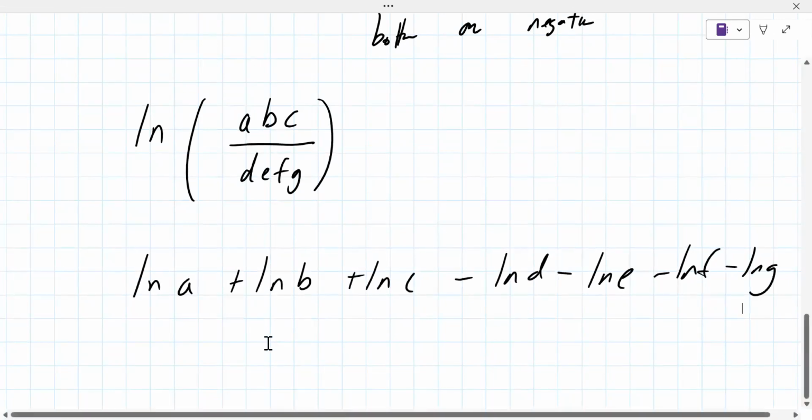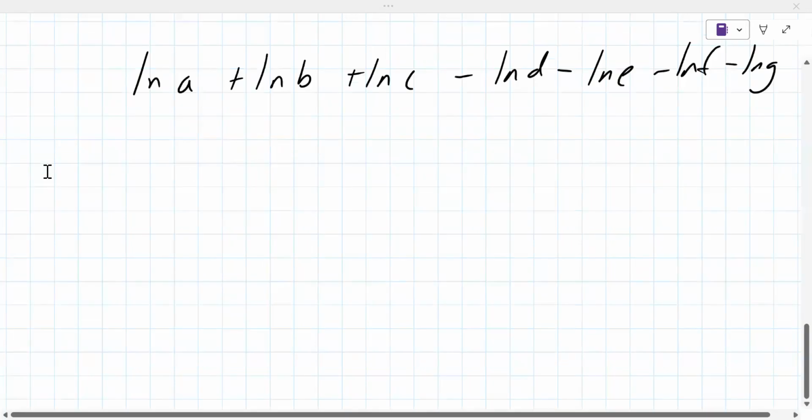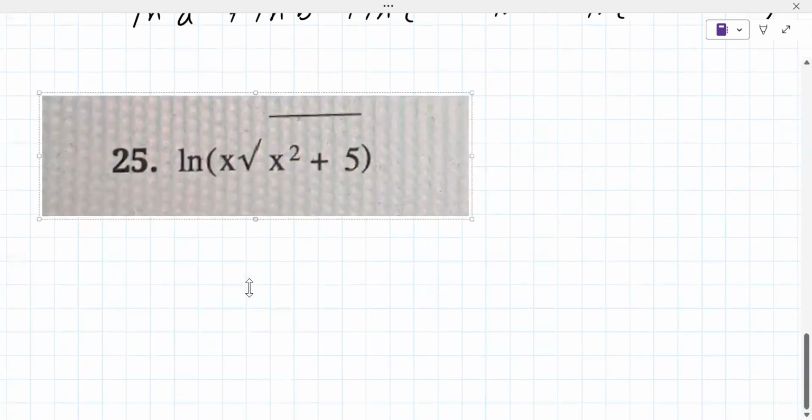If it's in the top, it's positive, plus; if it's in the bottom, it's negative. That's an important generalization to make, which I try not to do unless it is really important, because it'll save you so much time than trying to deal with negatives and stuff.